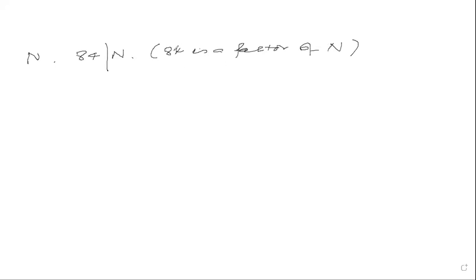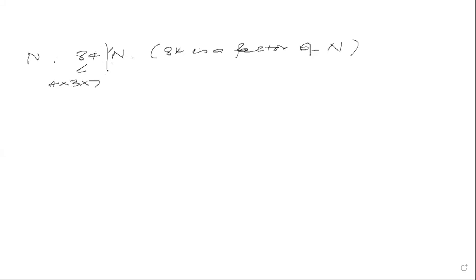Okay, so 84 is 4 times 3 times 7, 12 times 7, and 12 is 4 times 3. So 4 is a factor of n, 3 is a factor of n, and 7 is a factor of n.